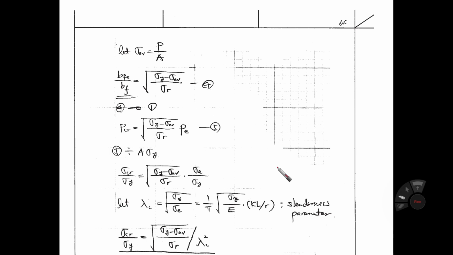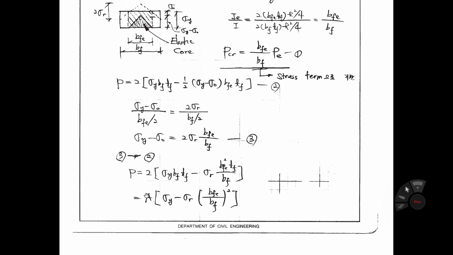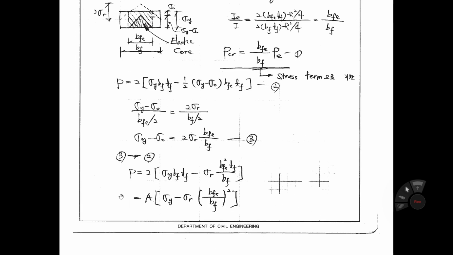If we let sigma AV equal P over A, that means if we move this A to the left hand side, that is sigma AV, average stress. And then you move sigma y to the left hand side, then you can get the equation BFE over BF.